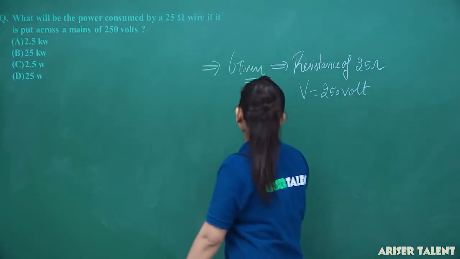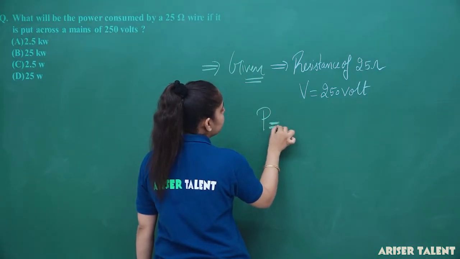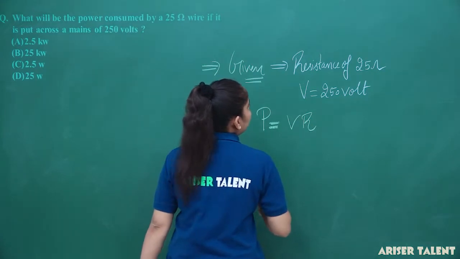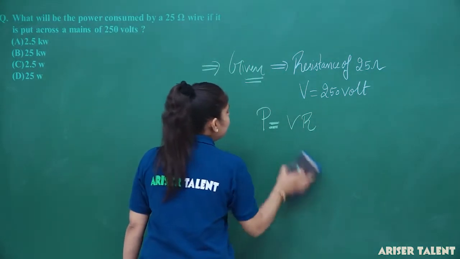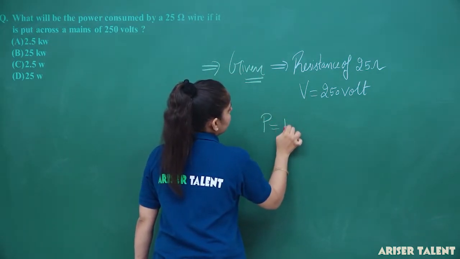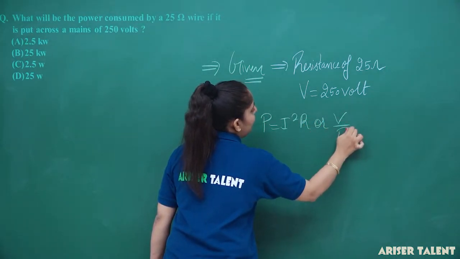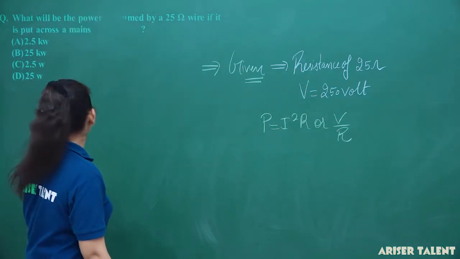Power has the formula P equal to V I, or we can say P equal to I square R, or power is equal to V square upon R. This is the formula for power we have.